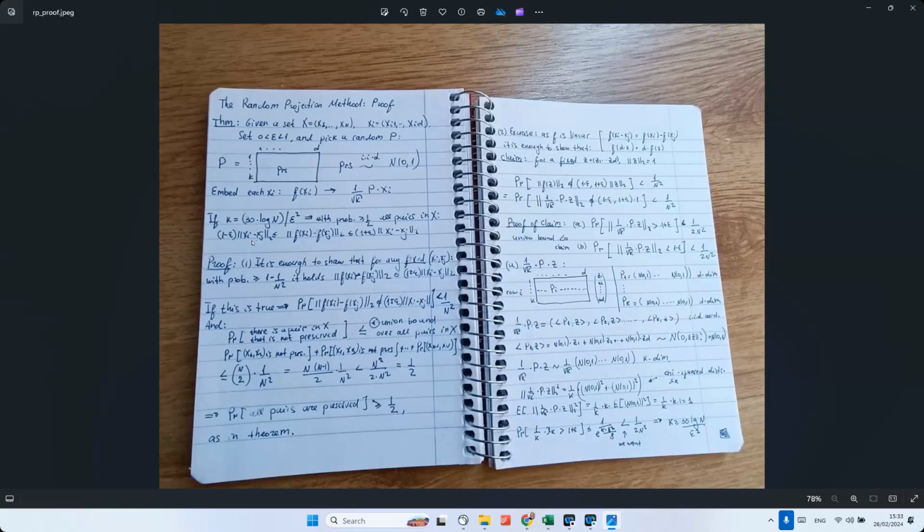So we started with normal distribution 0, 1 for coordinates in P. And if we embed using this matrix P any vector of norm 1 in high dimensions, we get a k-dimensional vector with each coordinate normally distributed, and each coordinate is again independent, because we started with all entries being independent.